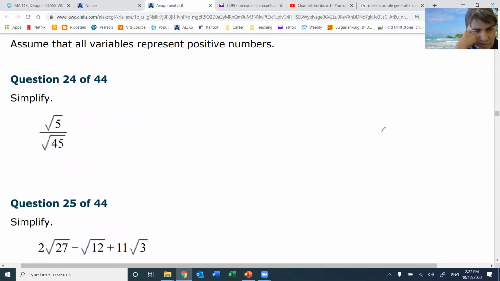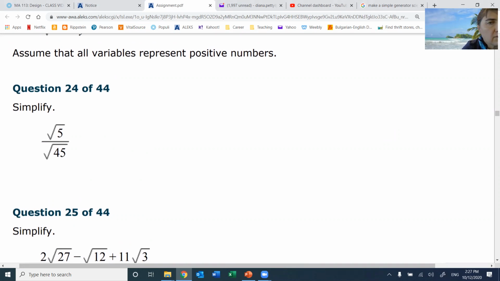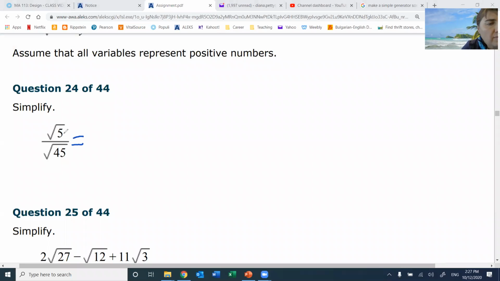Next one. Okay, this one, what you can do, looking at them, you're like, 5 and 45, they divide. So what you're going to do actually, you're going to combine them. Just because you saw that 45 divides by 5, which is what? 9, right?